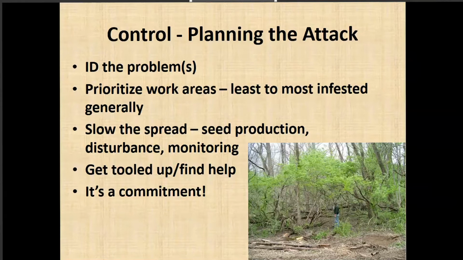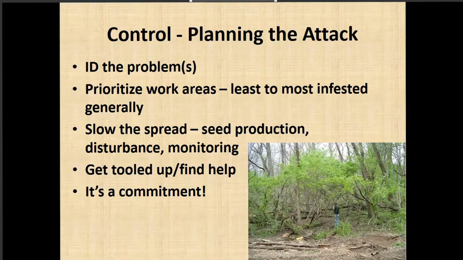One of the things I like to do is try to prioritize the work areas that I'm going to be working in. There's always less time, it seems like, to do the work than we need to get everything done. And so I want to work as effectively and efficiently as I can to get the most benefit for the time I put into that effort. What I'm usually trying to do is work from the least infested areas to the most infested areas.